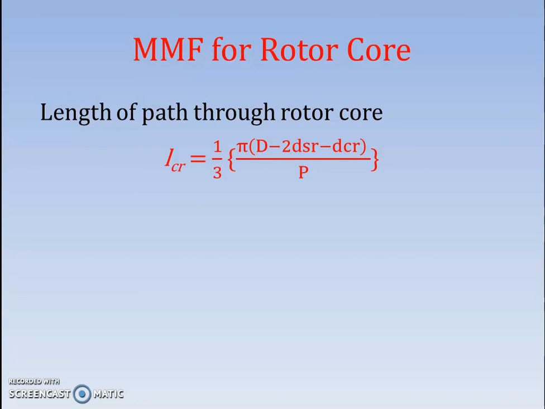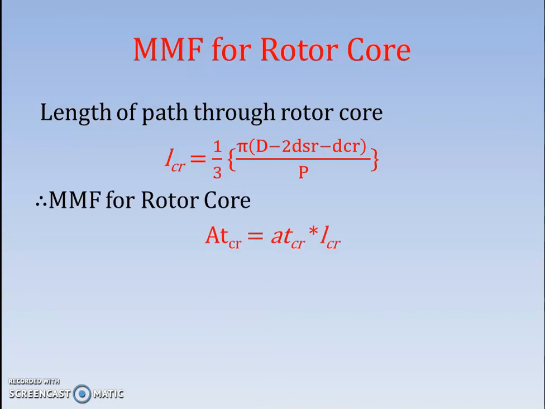Minus 2 times the depth of the rotor slot, that is on the upper side as well as on the bottom side, minus dCr, that is the depth of the rotor core. So the magnetomotive force for the rotor core, that is ampere turn rotor core, is equal to ATCR multiplied by length.